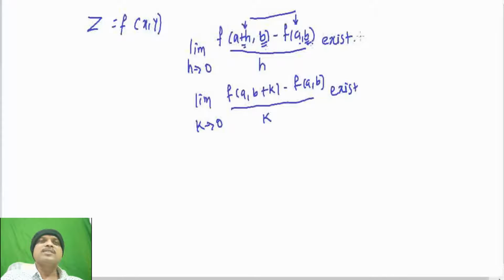This is with respect to x, and this is with respect to y. Here we are taking the change in the values of y only, whereas a remains the same. So this is the derivative with respect to y.